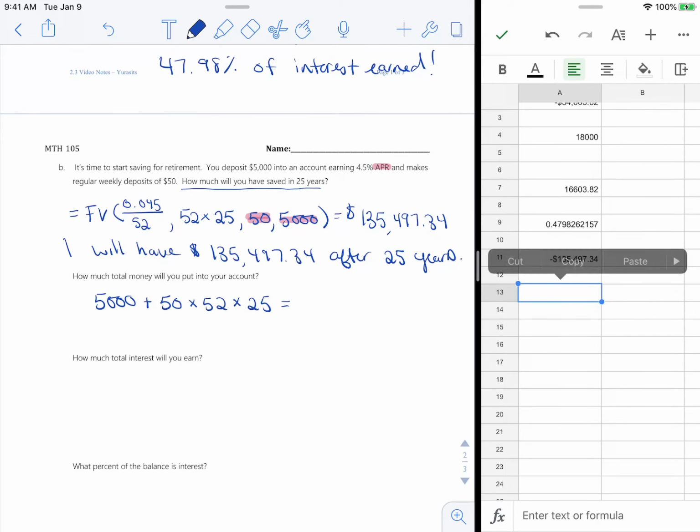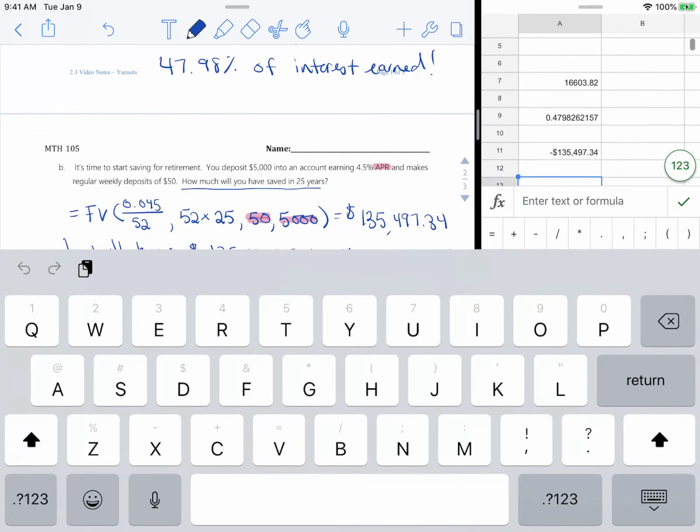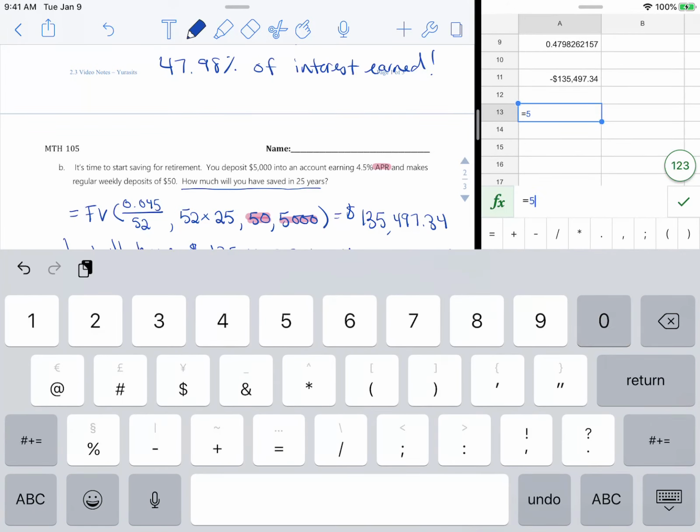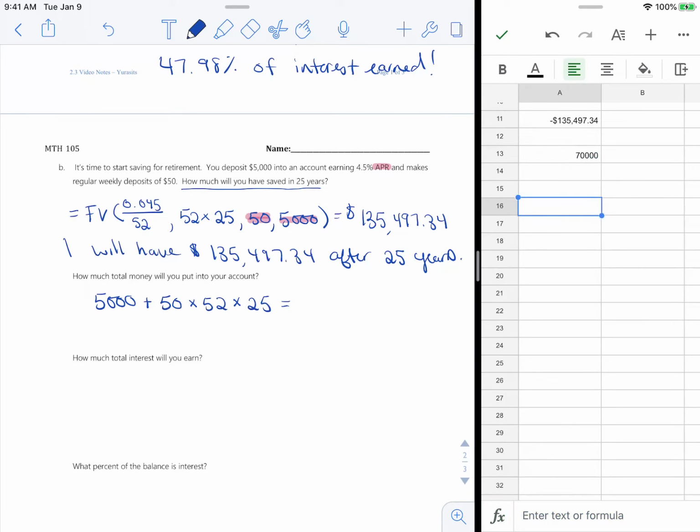All right, let's pull him up so you can actually see what I'm doing. Equals 5,000 plus 50 times every week times 25 years. Wow, so I put in $70,000 into this account. And again, I'm not going to make us write complete sentences for each one just because of time.